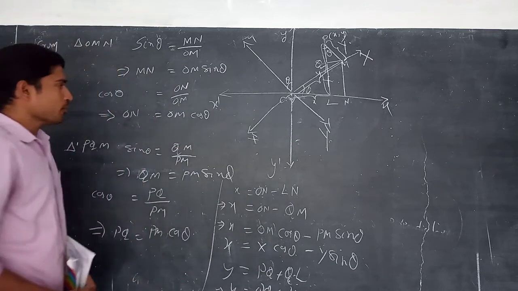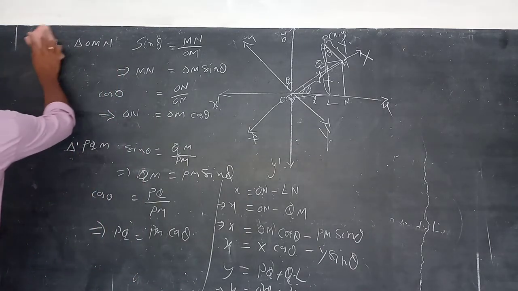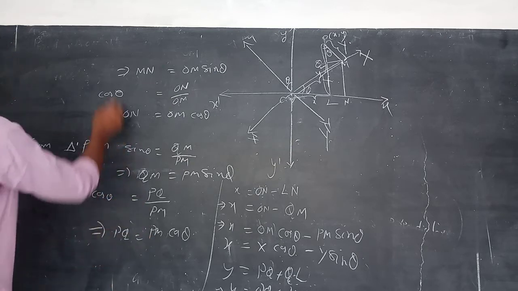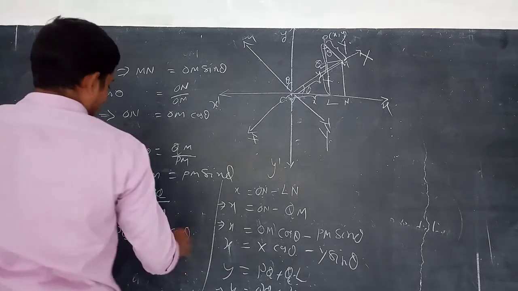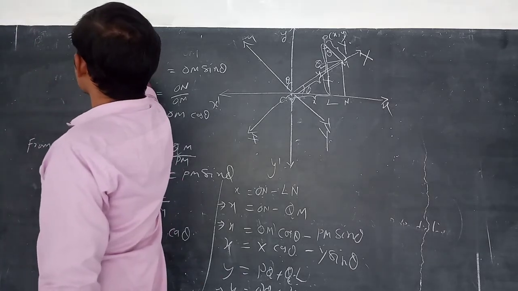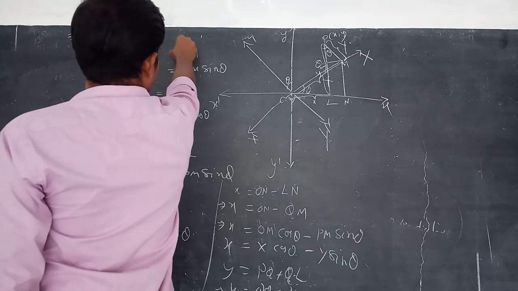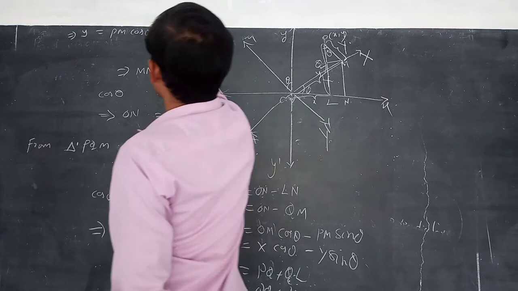PQ is PM cos theta, and MN equals OM sin theta.